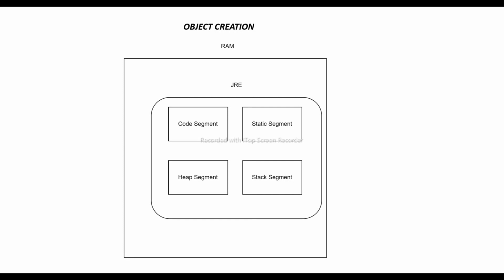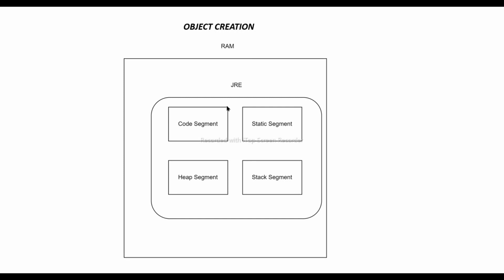In the same way, there is a special region allocated for a Java program to execute itself. That special region is nothing but our JRE, which stands for Java Runtime Environment. That is what I have shown here: the outer rectangle stands for RAM and the inner rectangle is JRE.